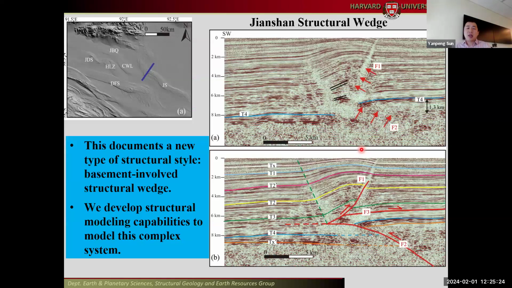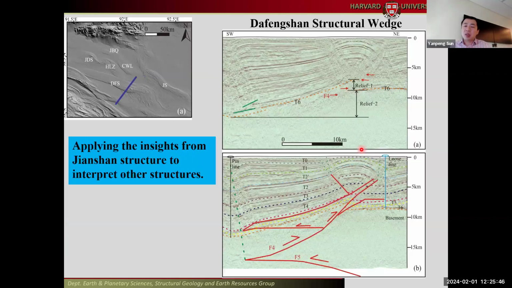So based on this understanding, we can document this new type of structural style, this basement-involved structural wedge. Starting from the shallow observation and trying to understand the relief difference to constrain this fault geometry, we developed structural modeling capabilities to model this complex system. And we can then apply this similar learning to other structures nearby.